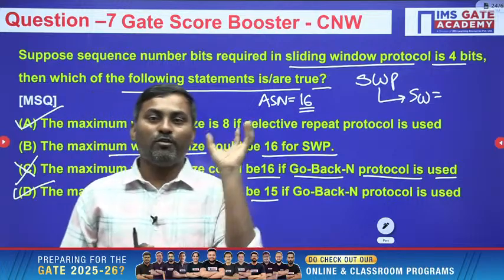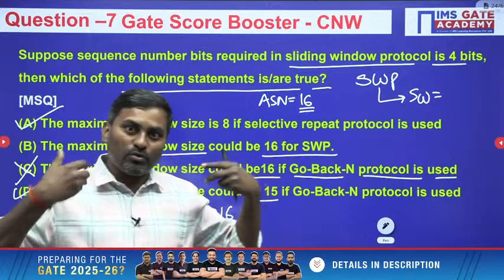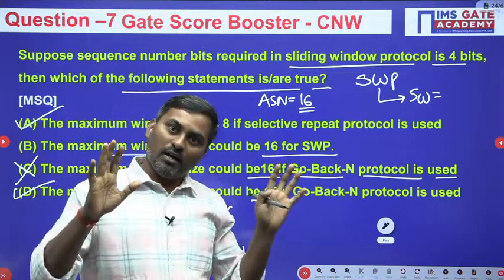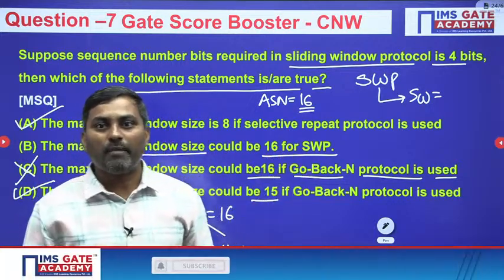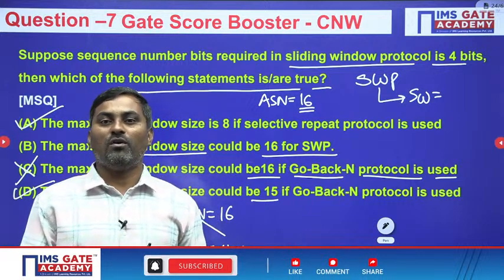In a sliding window protocol concept, you have to send window-wise, pipeline-wise, correct? Sir, here maximum window size means either sender window or receiver window or both?